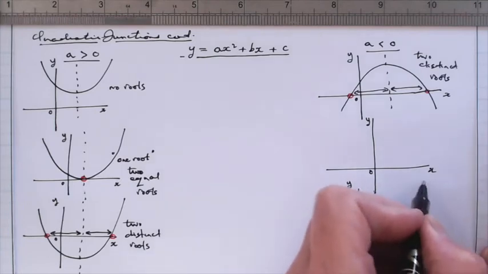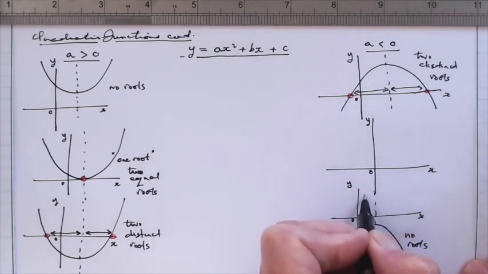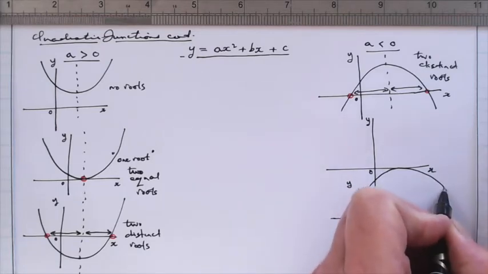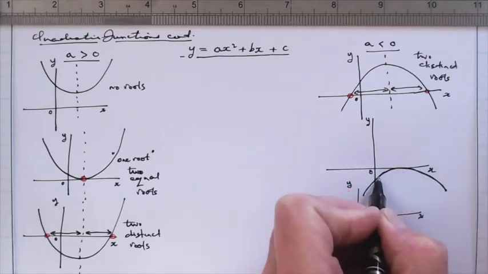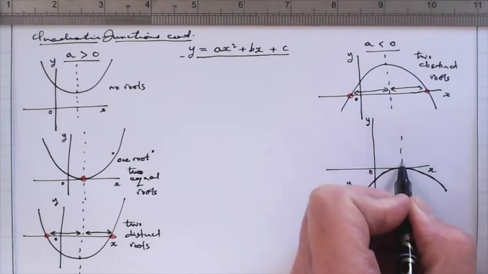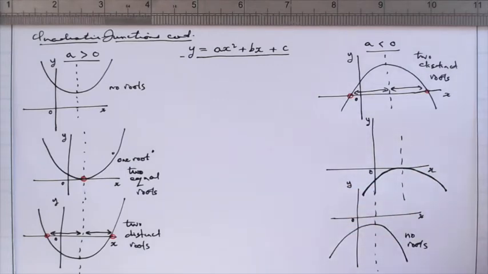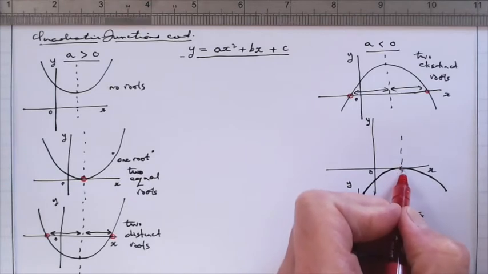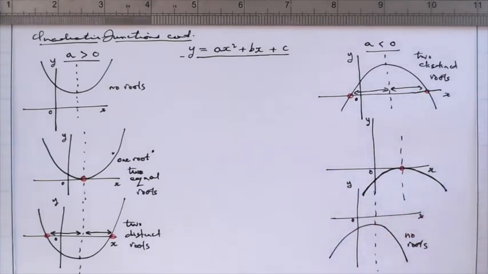The intermediate case will look like this. There it is, really not a very good parabola. That's a bit better. So it has a mirror of symmetry, and it just grazes the x-axis at one point.